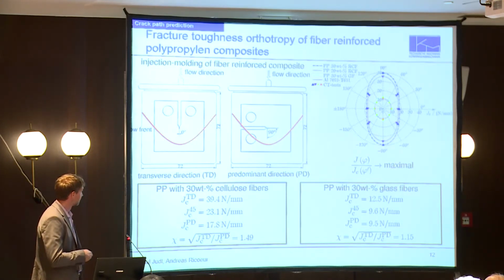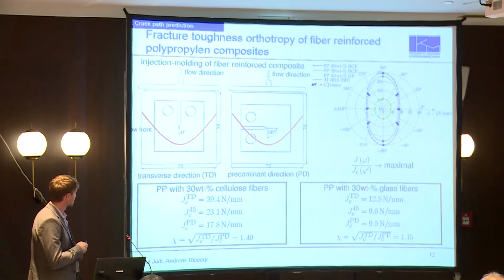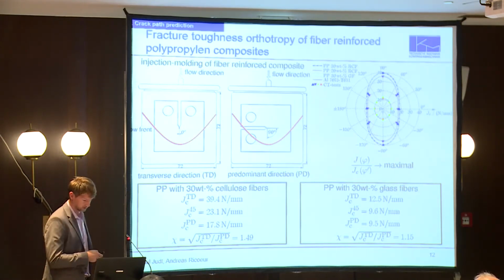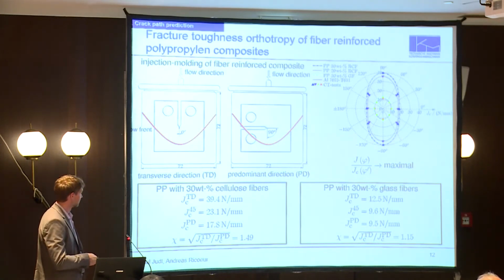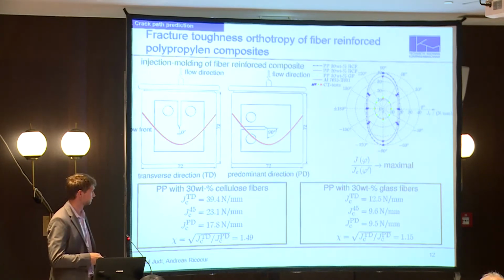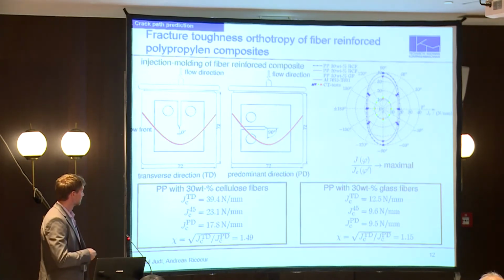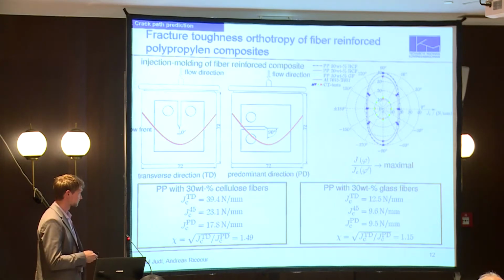If the notch is parallel to the flow direction, we obtain a large value, and if the notch is perpendicular to the flow direction, we obtain a small value. If you define this anisotropy ratio, it is larger for the cellulose fibers than for the glass fibers. So we use these values in our model.